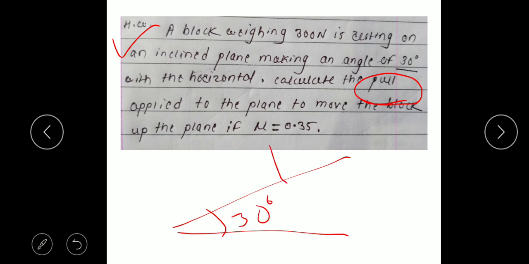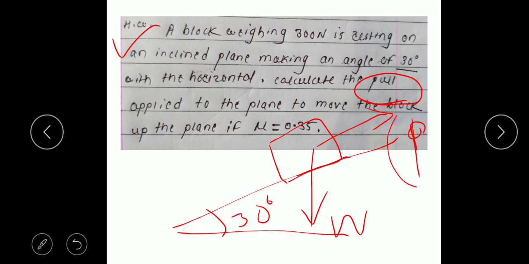The same way as the previous one, there is the block, and the block has W in the downward direction, and this force is P. We have to find out this P, and that P is of pull type nature, so the direction of this P will be upward. Clear? Again here will be the F.